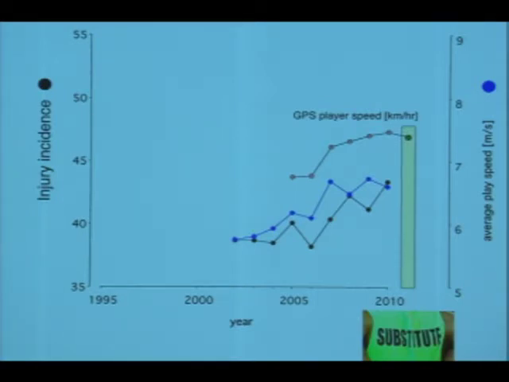But in 2011, so this year, there was a substitute introduced because of the concern that these were linked somehow, that they're all going up, and so therefore there may be some sort of causal relationship there. The early data, and this is only from one club I should point out, normalised to that point there.